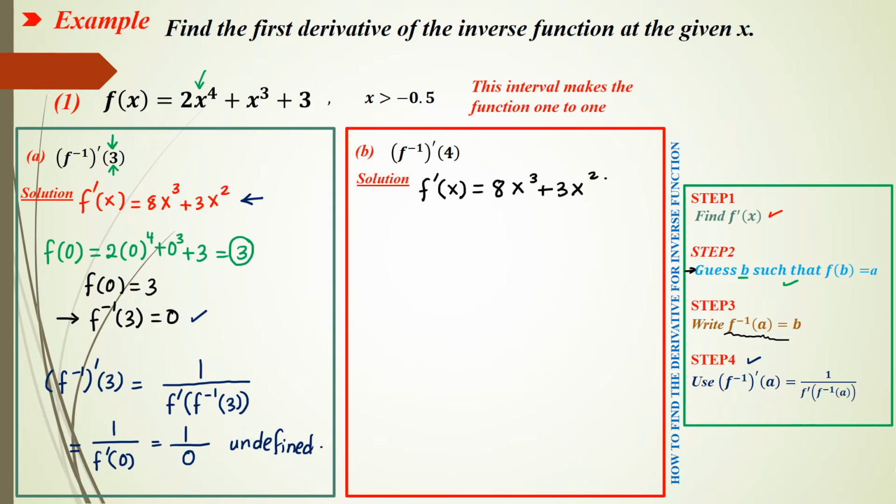You have to guess b such that f of b equals a. So you have to replace a value of x that gives you 4.